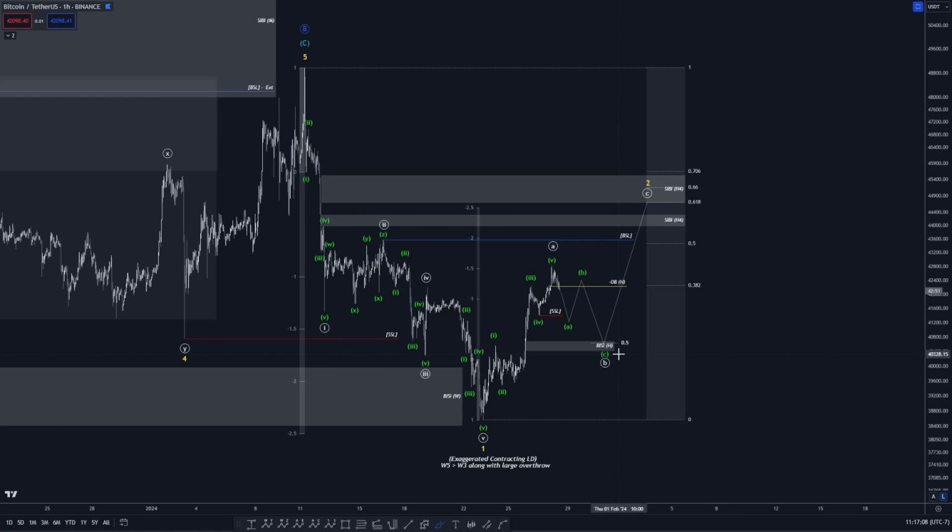Now, this is an unorthodox diagonal here. It's very exaggerated when we look at the 5th wave and compare it to the 3rd wave and the 1st wave. I'm not putting too much weight behind this because of that exaggerated 5th wave.